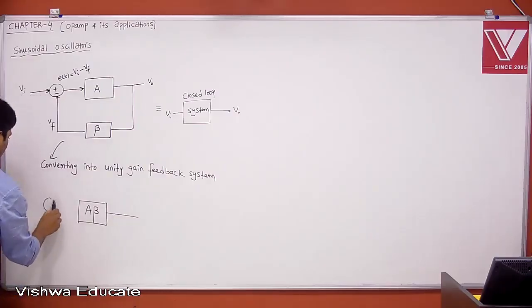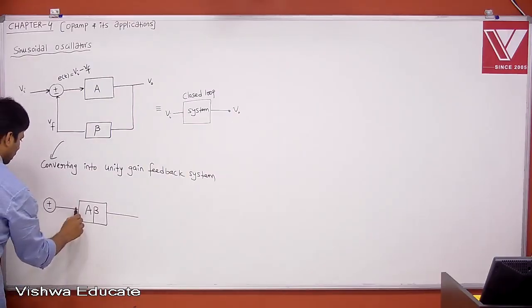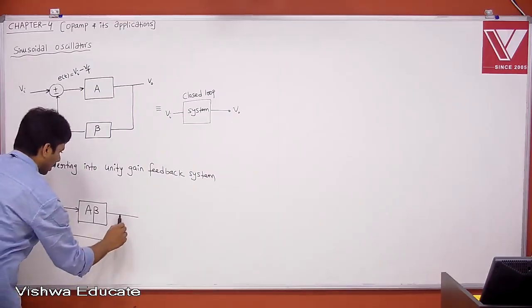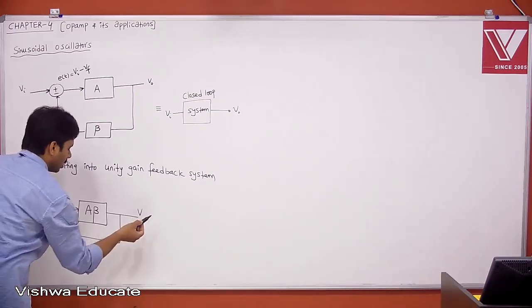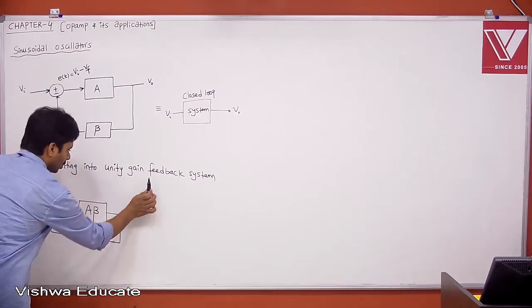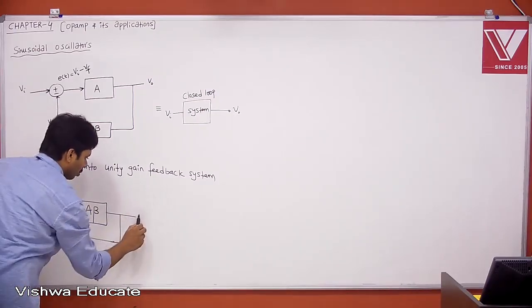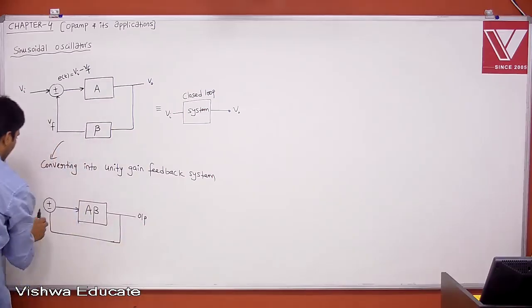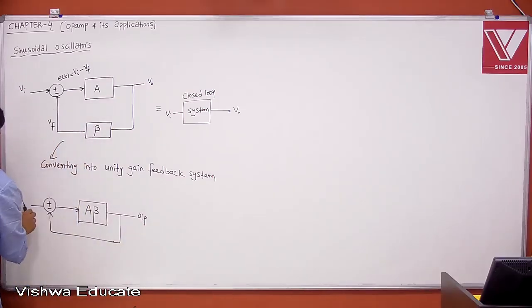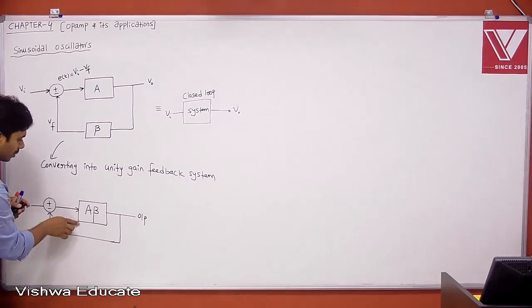Now, this is our plus minus. This is unity gain. This is your output at some node, and this is your input. Can I write like this? Right, I can write like this. Whatever it may be, this is our loop gain, A beta.